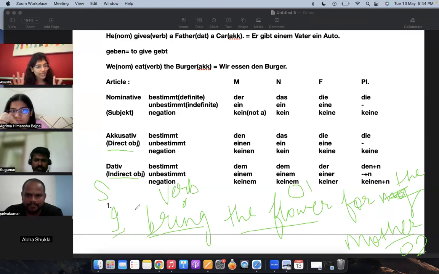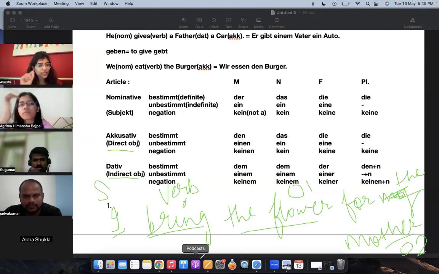Again, there are definitions. There are so many things to understand, but I am explaining everything in layman terms. So now let's make this sentence: I bring for the mother. Is it a complete sentence? It's not complete, right? What do you bring? But can I say I bring the flower? That's a complete sentence, right, everyone?